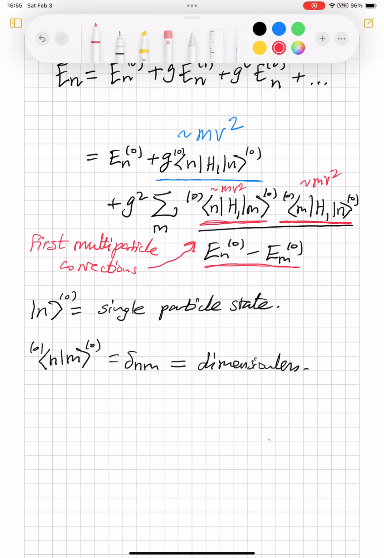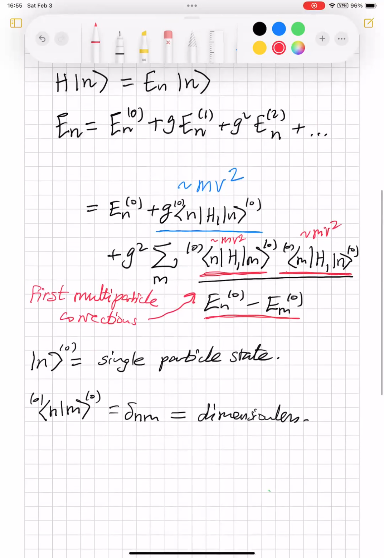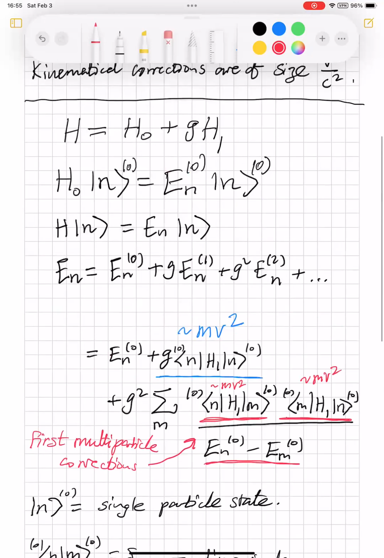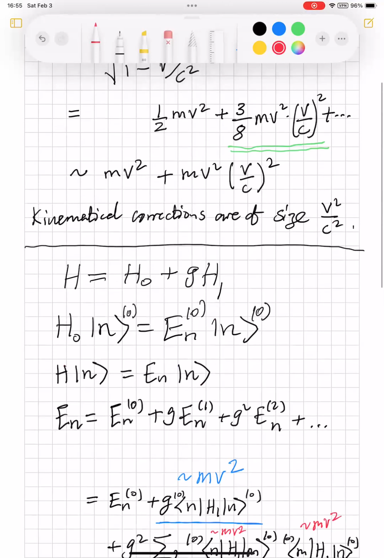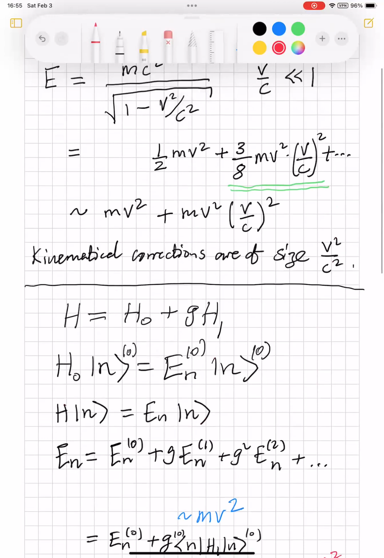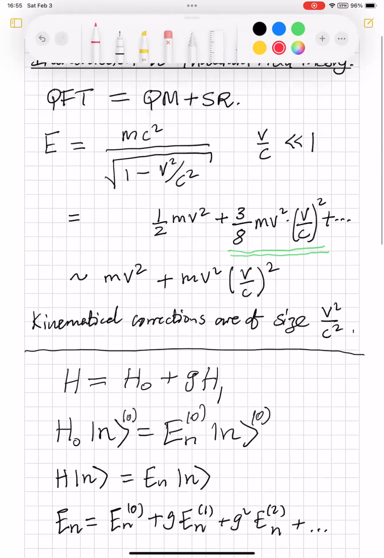So we're working in a regime where the velocity is small enough that the relativistic corrections are small. They're not zero, but they are small. In this situation, previously we had expanded the energy, and let me just put back the mc squared here because that'll be important. The energy of the state was mc squared plus a half mv squared plus this relativistic correction.